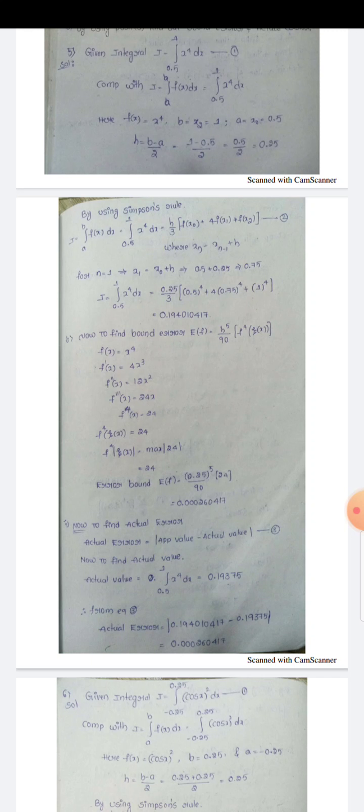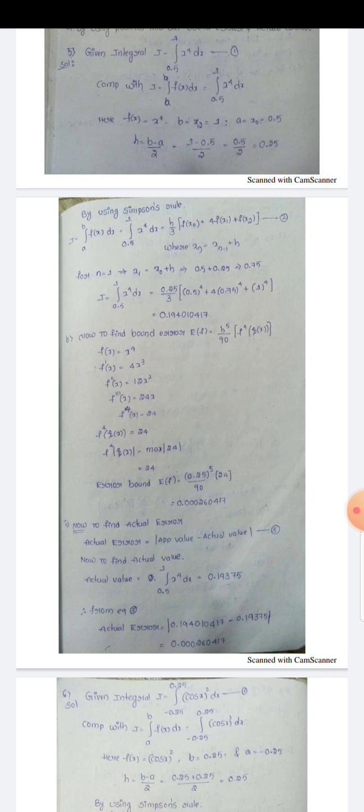We get I equals integral 0.5 to 1 of x power 4 dx equals h by 3, that is 0.25 by 3, into [f of x0, which is 0.5 power 4, plus 4 into 0.75 power 4, plus 1 power 4].